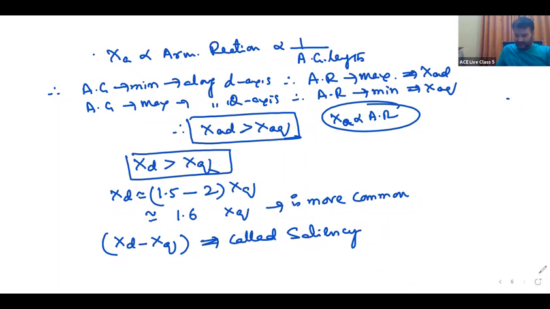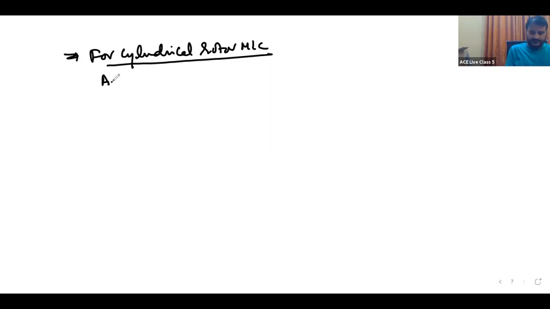Lastly, for a cylindrical rotor machine, the air gap is the same. The air gap is uniform.